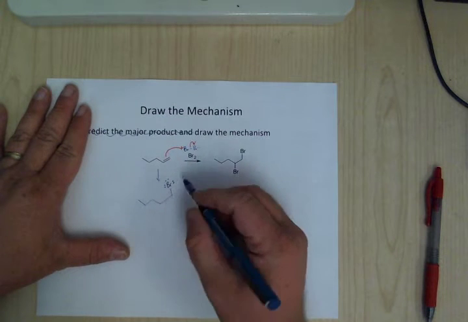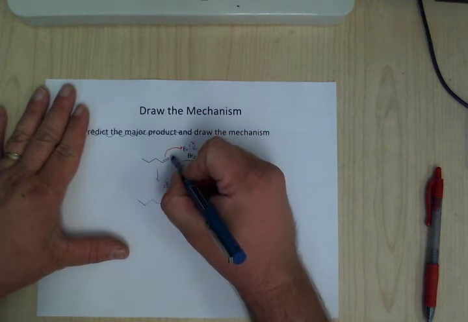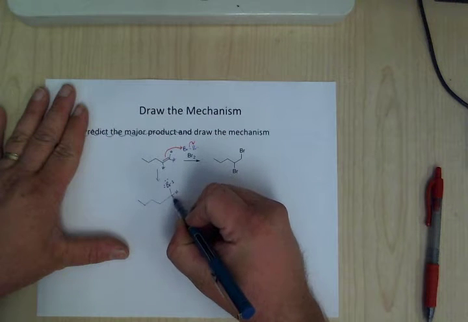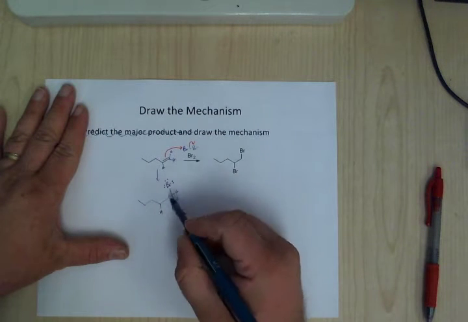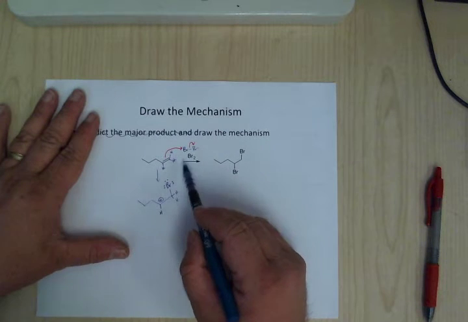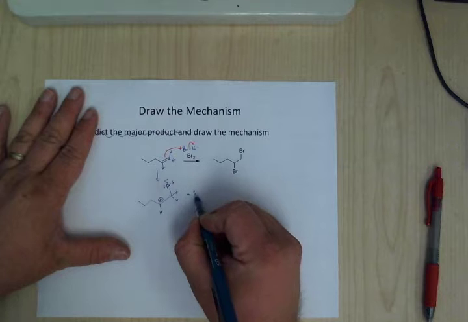Now, usually what happens, I'm drawing the hydrogens here to make it a little easier to see. But notice how this only has 3 bonds, so there's going to be a plus charge here, so this is going to go on one side to give a plus charge, plus Br minus.